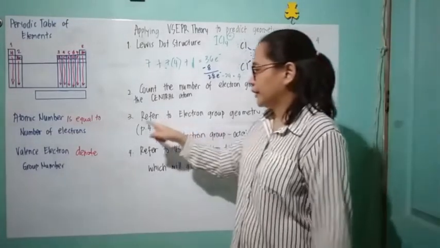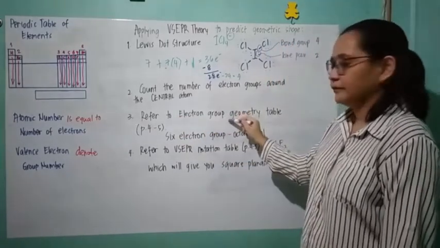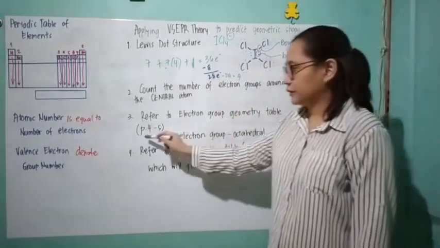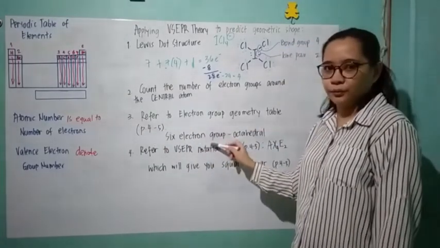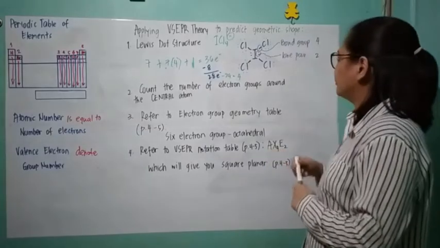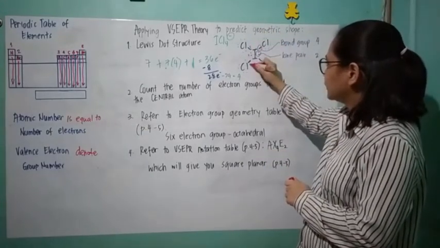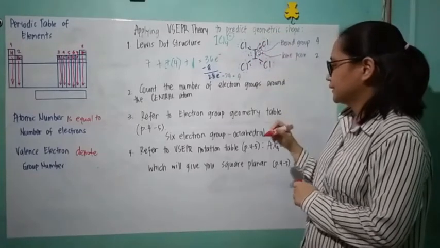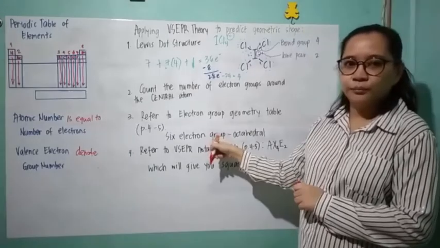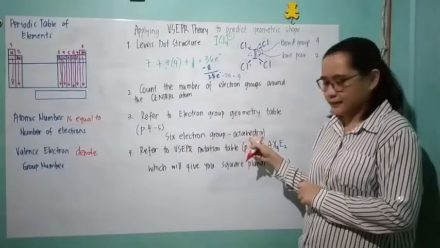Now for step 3, referring to the electron group geometry from the table given on pages 4 and 5, you have 6 electron groups: 1, 2, 3, 4, 5, 6. Six electron groups says that it is an octahedral.